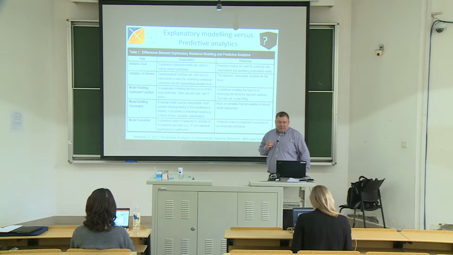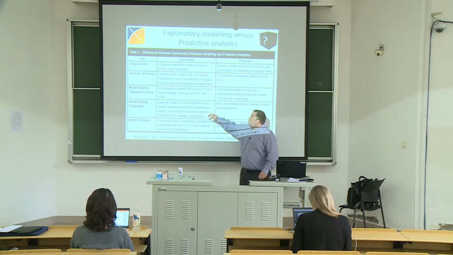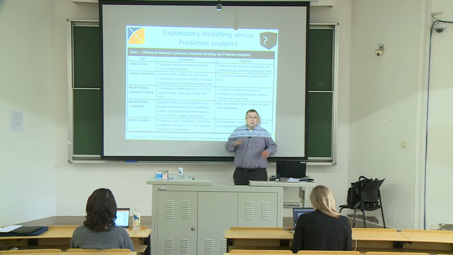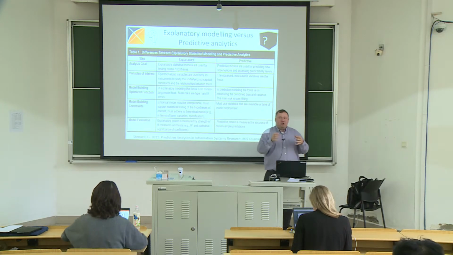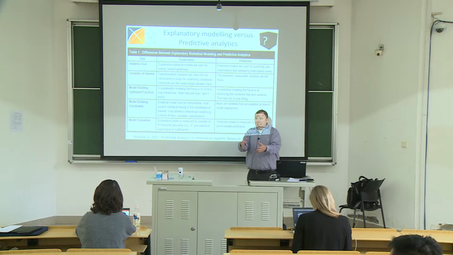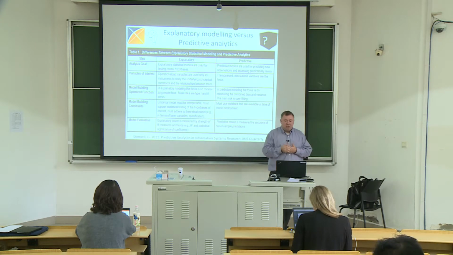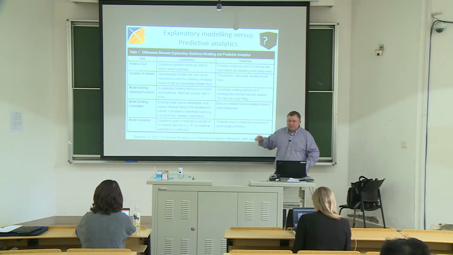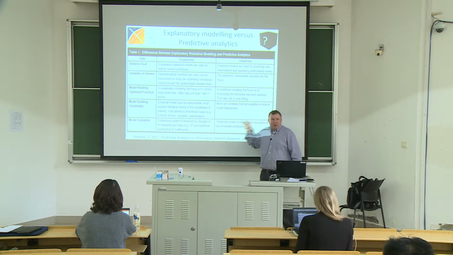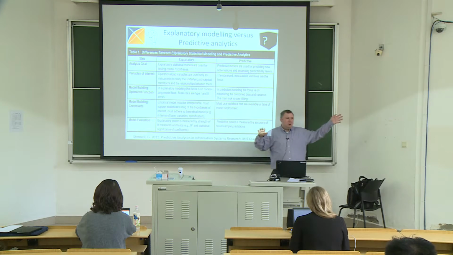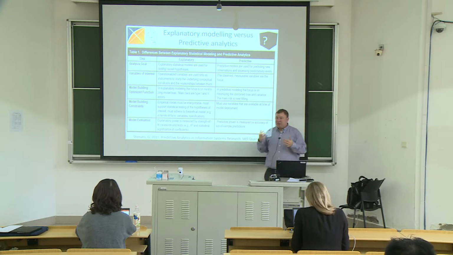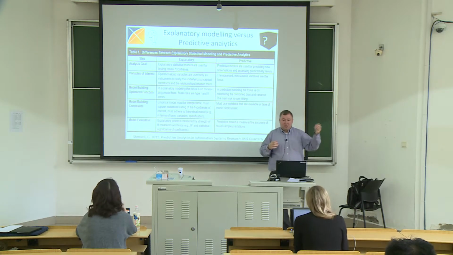So when we think about how to build a model, when we're in the explanatory space, one of the real goals is interpretability. That is, you want to be able to explain what you're seeing and understand the relationships between the variables. The only constraint in prediction is that the predictors that I'll use to predict the outcome, those better be predictors that I will have available to myself when I go to apply the model in the future.